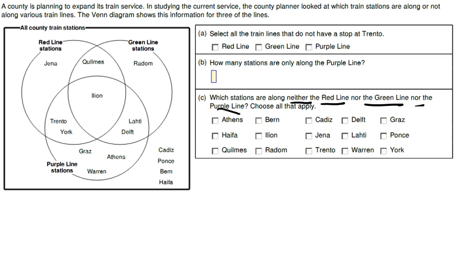They've got to be outside of the three circles. Well, there they are. These are the ones outside. So Cadaz, Ponce, Bern, and Hafa. All right, so that's this particular problem. We're going to move on.